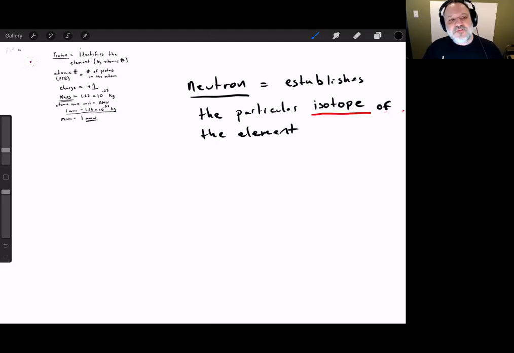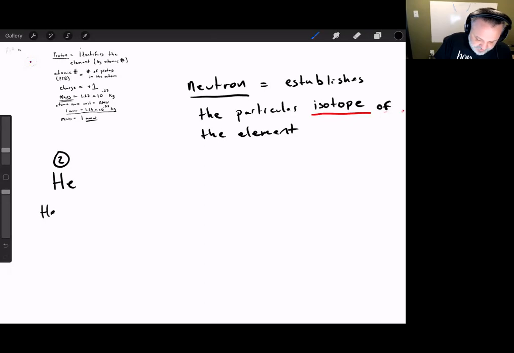When I talk about the proton as identifying the element by atomic number, right? Because the atomic number equals the number of protons. If we go back to helium, we decided that the atomic number was 2. So that means that helium has 2 protons.